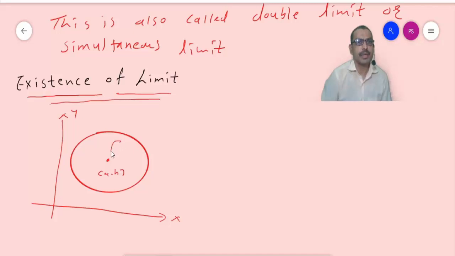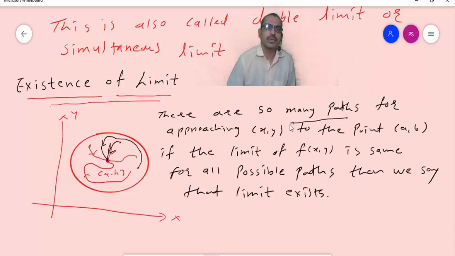Here there are many paths to approach this point (a, b), infinitely many paths. Here we choose many paths approaching the point (a, b).